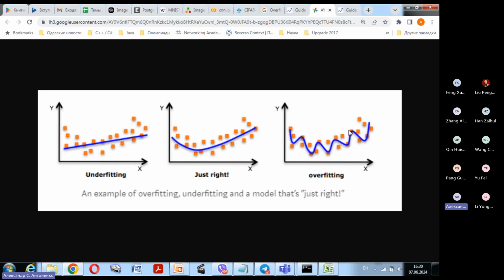It's a very complicated function, but reality is simpler; we just have some noise, some randomness. It's not such a complicated law, only a random variation.